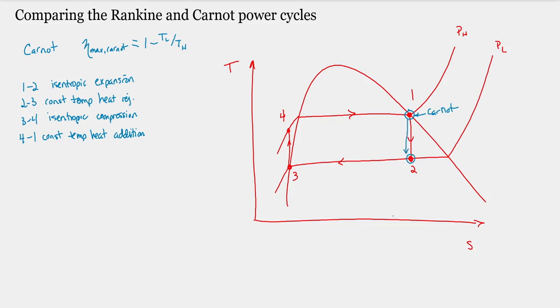And then we have constant temperature heat rejection. That's from 2 to 3. Well, conveniently, or maybe smartly, from 2 to 3, because there's phase change and I'm at a constant pressure within the dome, that means I'm also at a constant temperature.